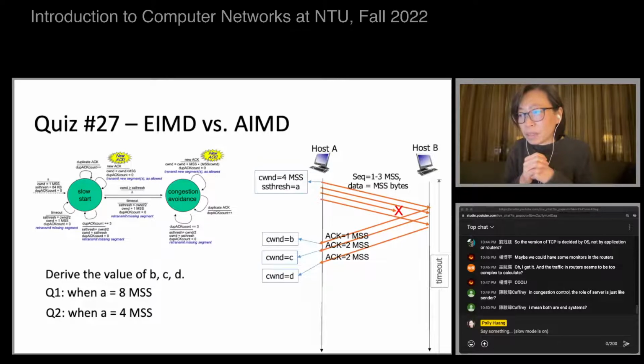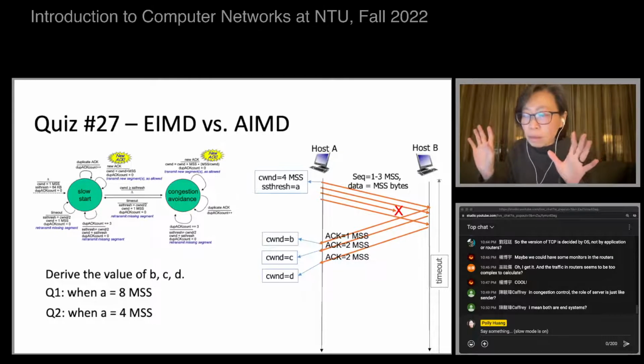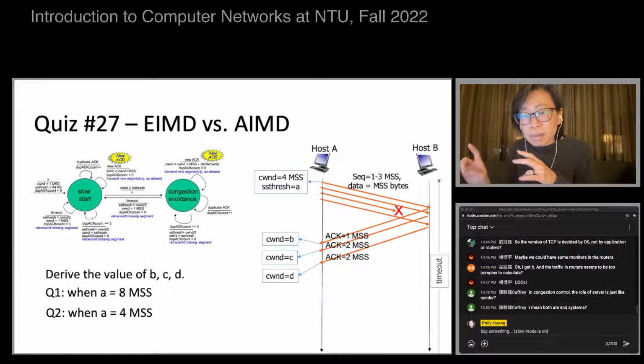Good. Now the scenario is this. The third packet is lost on the way to host B. In this case, host B will send an ACK for the first packet, an ACK for the second packet, but not getting the third one, it sends an ACK that will be a duplicate ACK. That ACK reacts to packet 4, but it needs to be a duplicate ACK according to TCP's RDT.